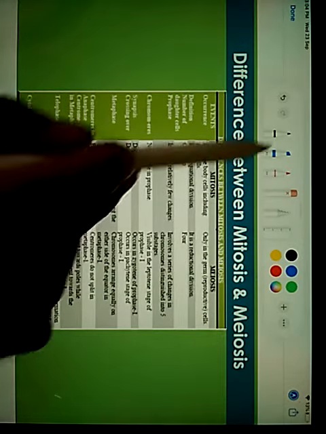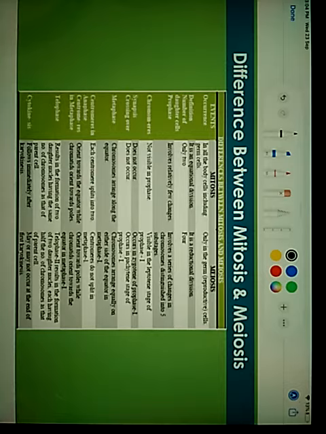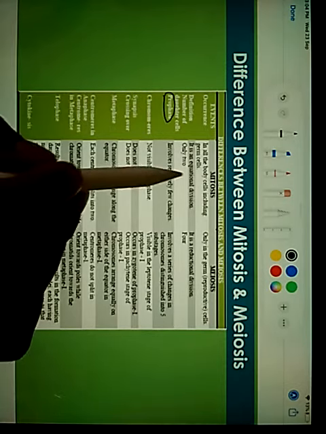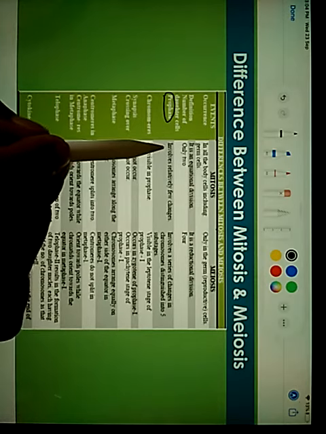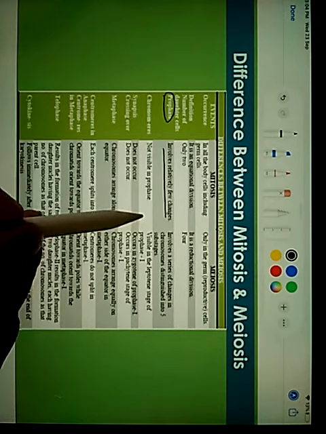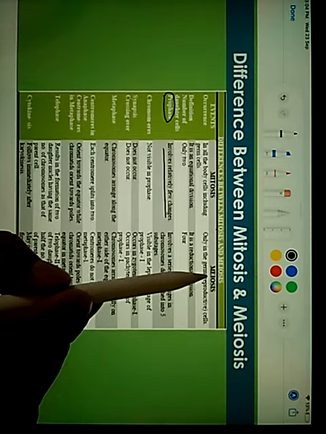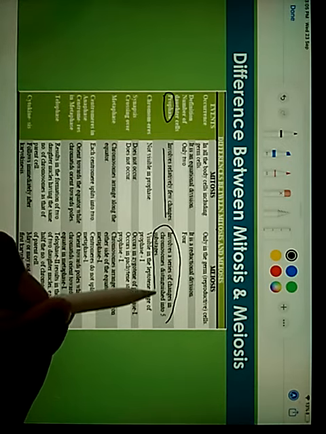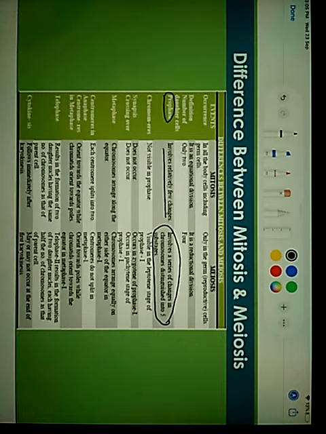Now the difference between the prophases of both. In mitosis, prophase involves relatively few changes only, but in meiosis, prophase is distributed into 5 substages. Ready?